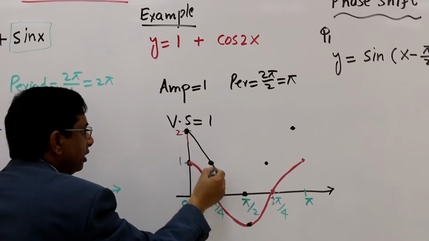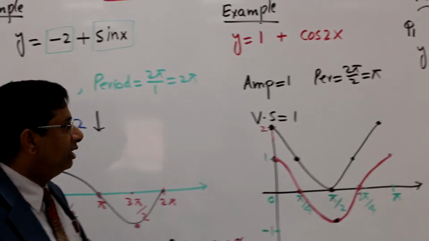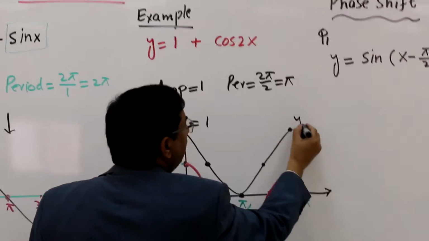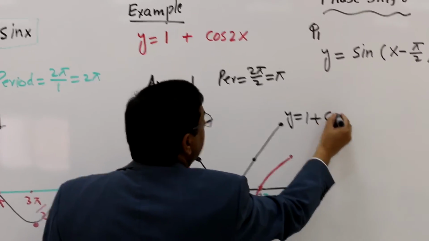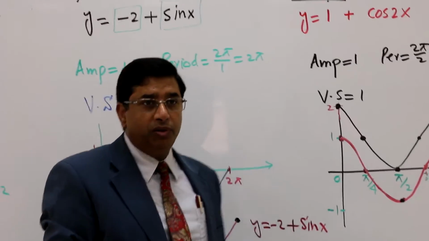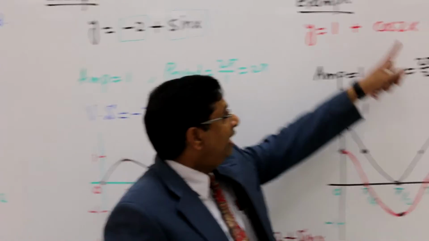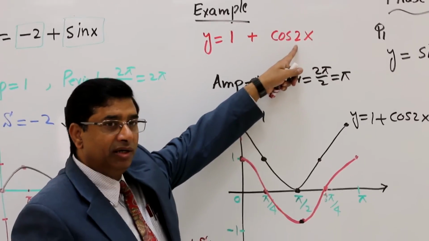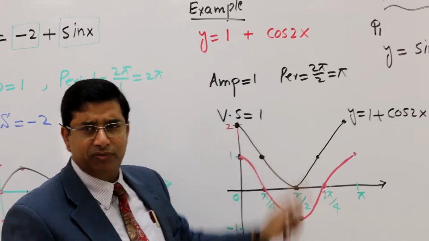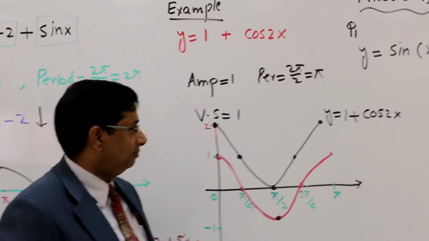Now these points will join nicely with this. So this is the final graph for the function, and label it 1 plus cosine of 2x. So no worries if the coefficient of x is other than 1. If 2, 3, 4, any coefficient, just make a period base here and complete this graph.